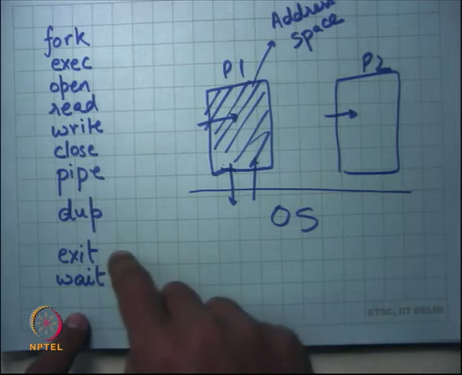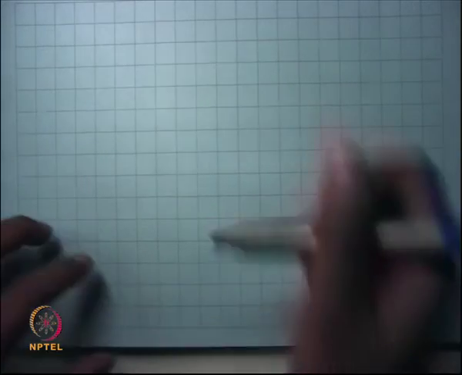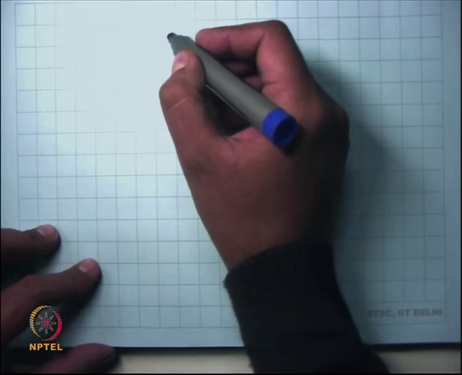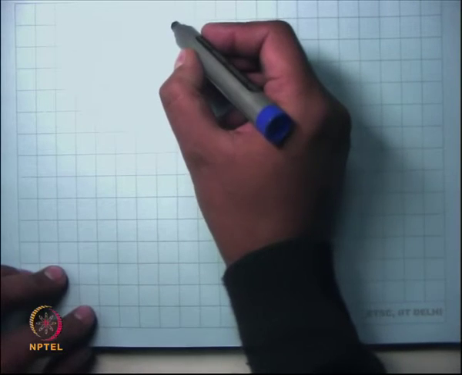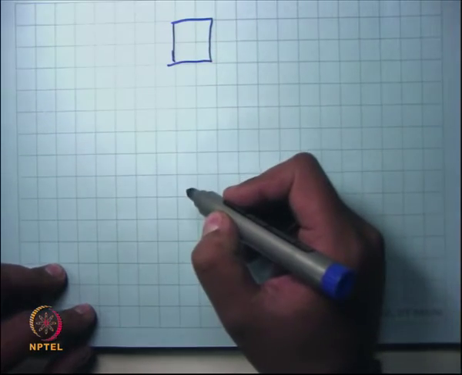All right, and then we have also looked at exit and wait. If I were to draw a diagram, the processes in a system are often represented by a hierarchy, which is the hierarchy in which they were created.